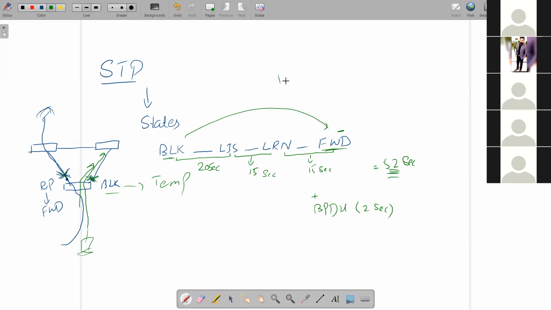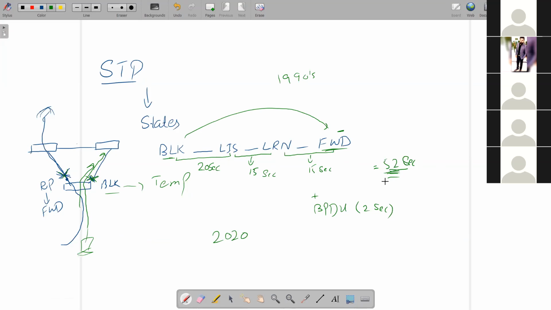In the early 90s, that delay was acceptable. But this is, guys, 2020. No one accepts this huge delay and interruption in the services.